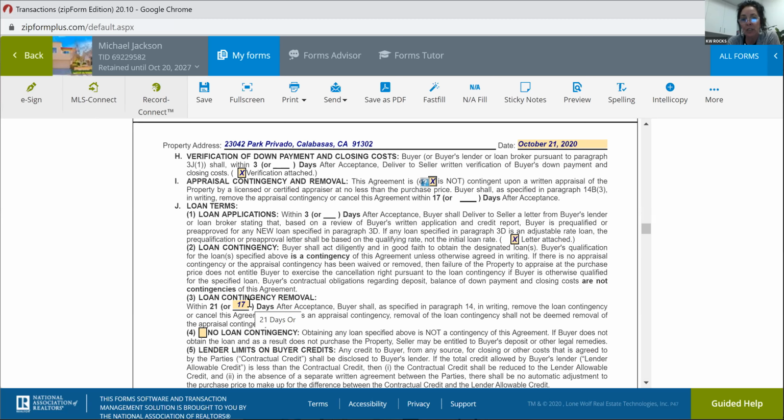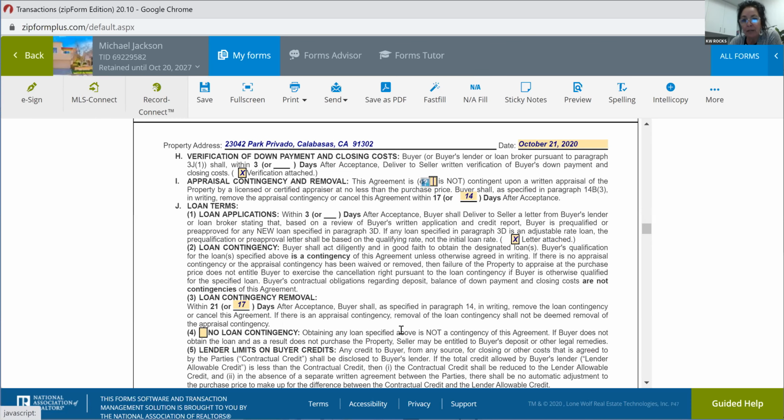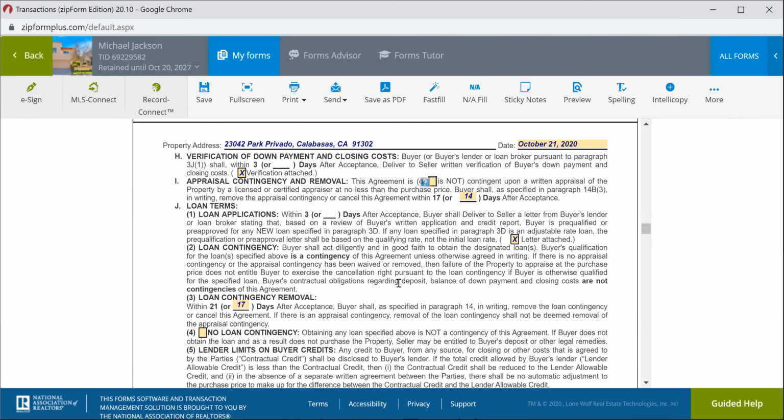Fortunately, these sellers went ahead and negotiated a new purchase price. They met them halfway, $2,500. But they didn't have to do that. They could have just said, hey, if you want the house, you're going to have to come up with that additional $5,000 at closing. And that gets communicated via an addendum then? Yes.